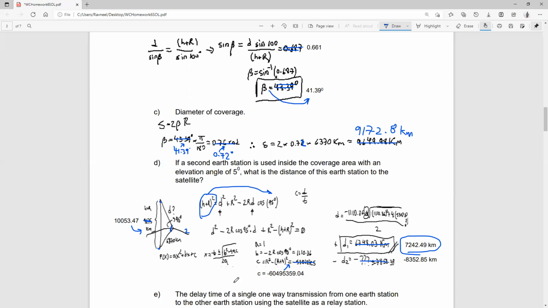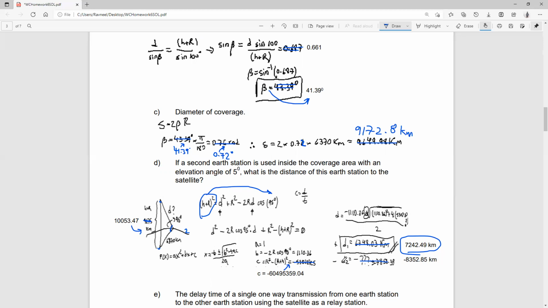Once we have the a, b, c values, we can basically solve for d. Remember, x is equivalent to d. Since there will be two values because of this plus and minus, we will get two values for d, that is 7,242.49 kilometers and negative 8,352.85 kilometers.